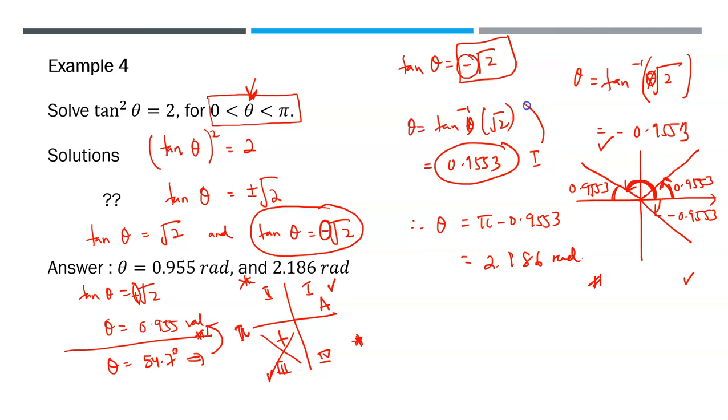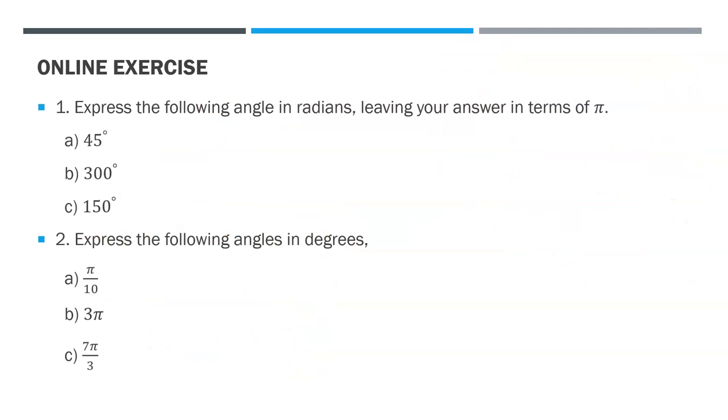Then you refer back to your original question. Since this is negative, your answer should be in the second quadrant and fourth quadrant. The fourth quadrant we remove because it does not satisfy the condition given in the question. Okay, settle for this example.